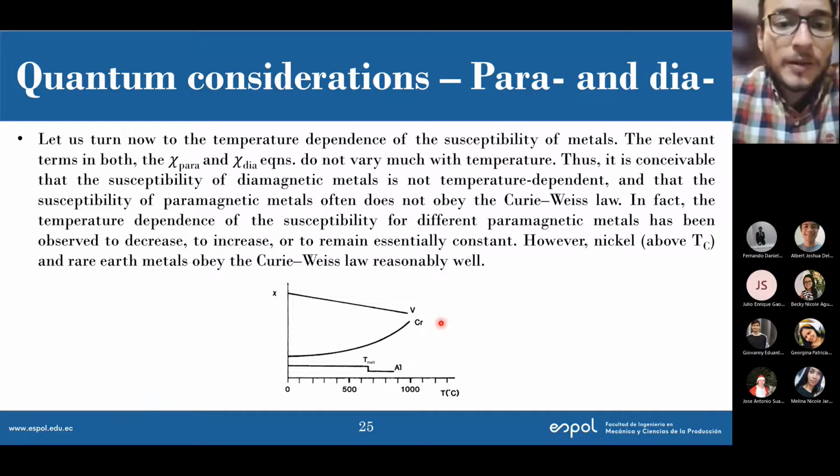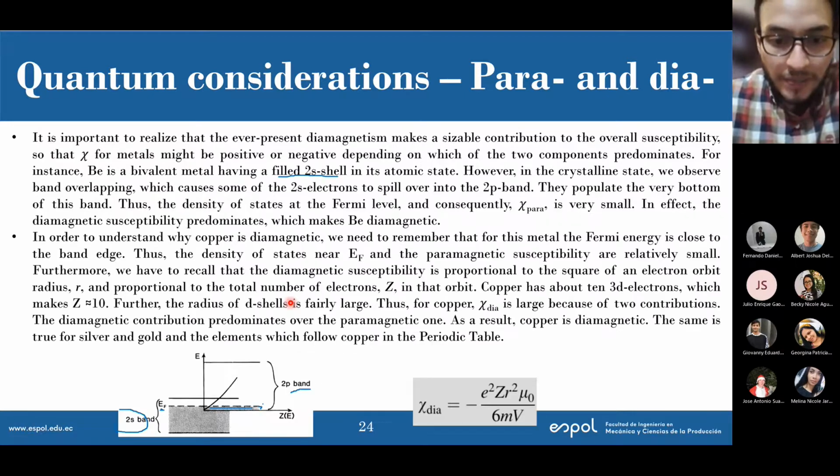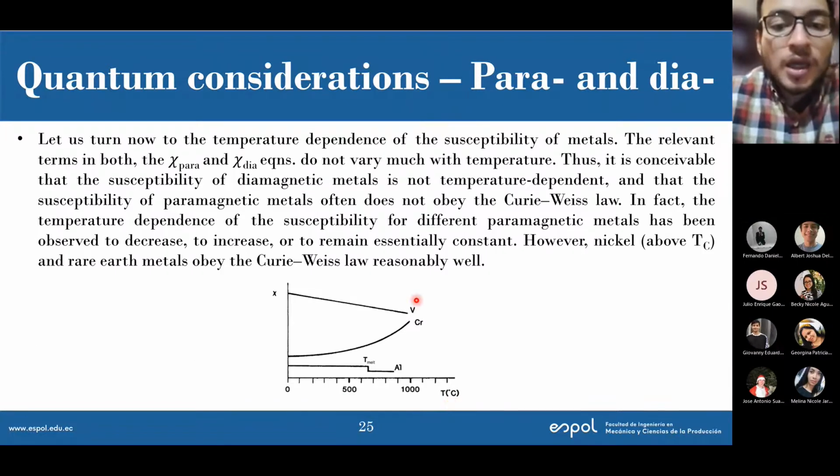So let's see now what the temperature dependence of the susceptibility in metals is, either for the paramagnetic or the diamagnetic. This is just the equation that I showed you before.